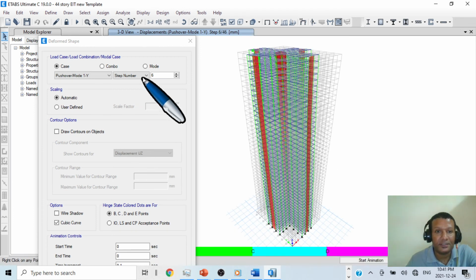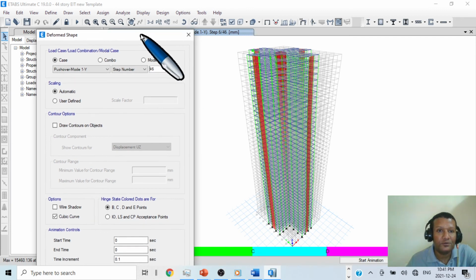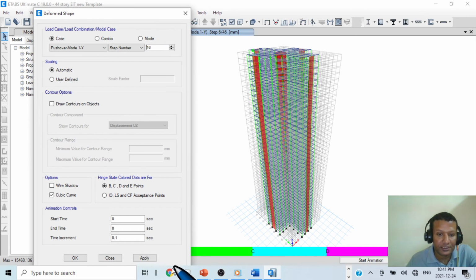How many steps you see, the pushover steps which are pushed until 46. So let's go and see the final push.